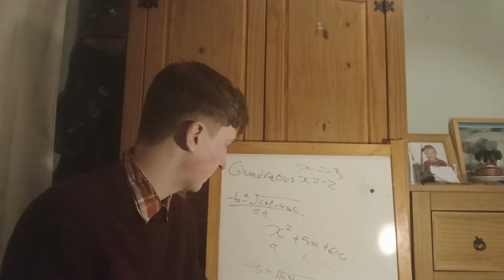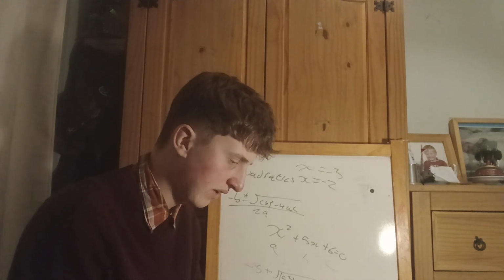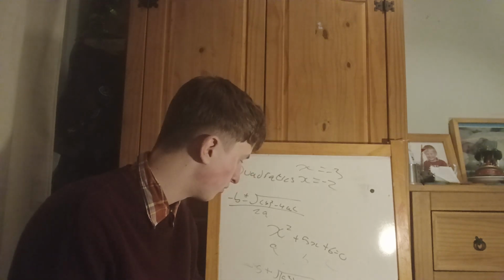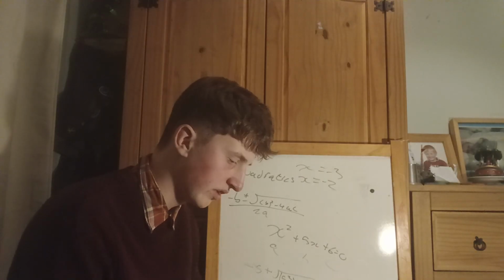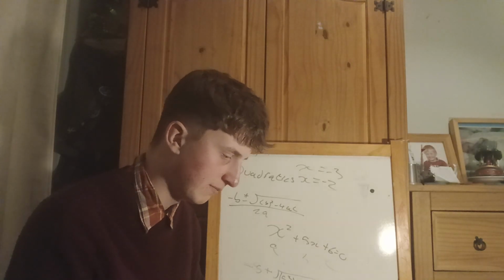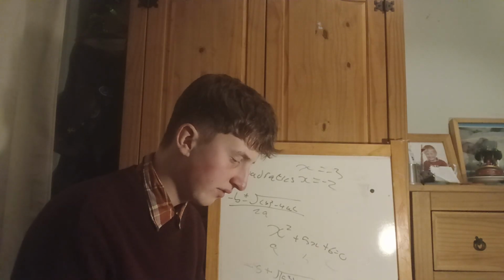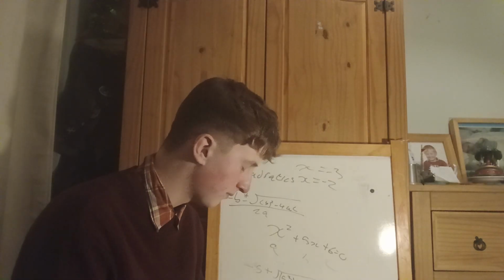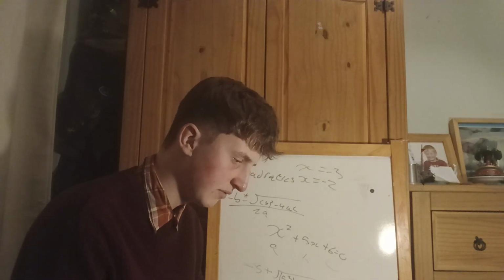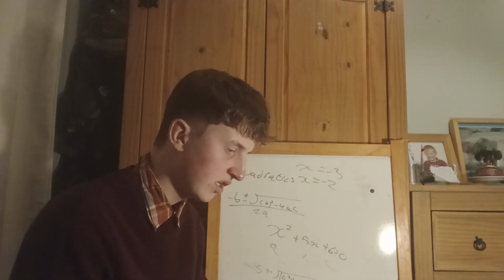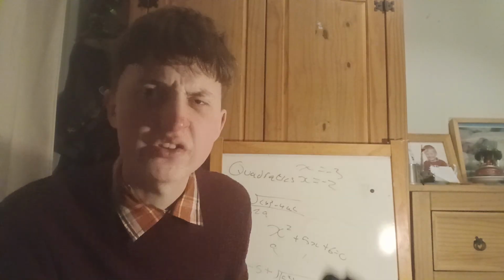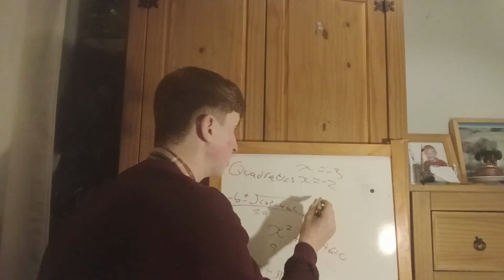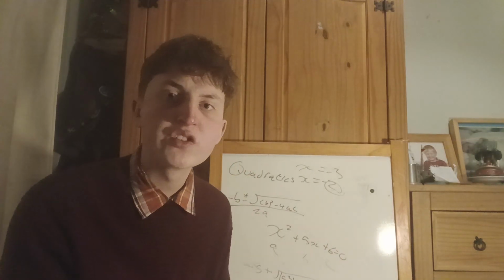Now, if we put this onto our calculator, assuming everything is correct, we should be given one of the two answers we got previously. Here's the proof: that equals minus 2, which is our second answer.